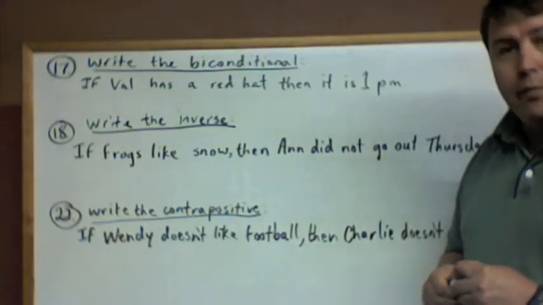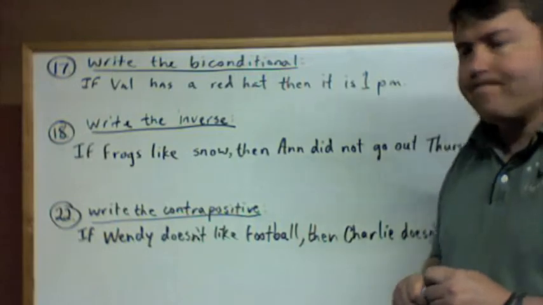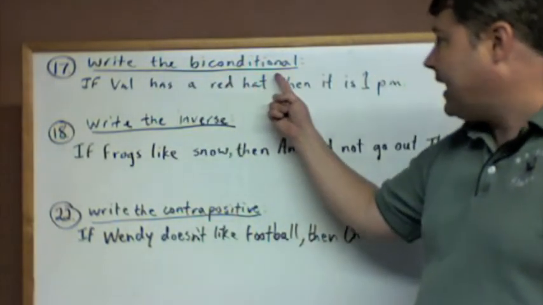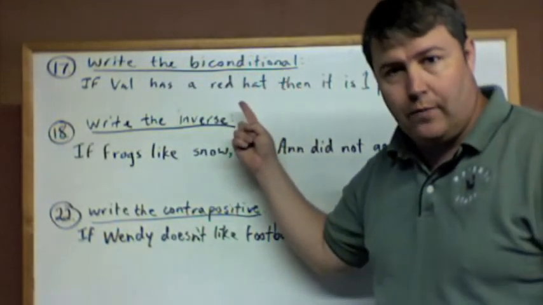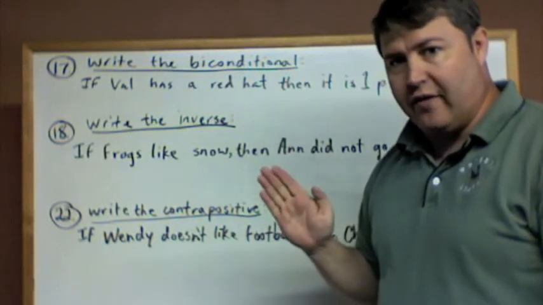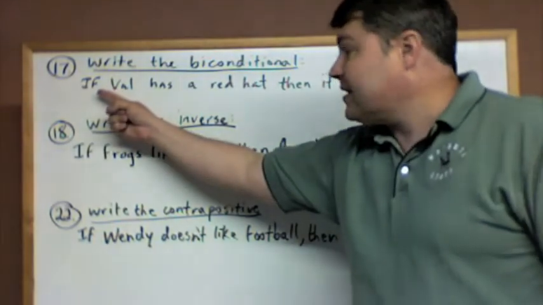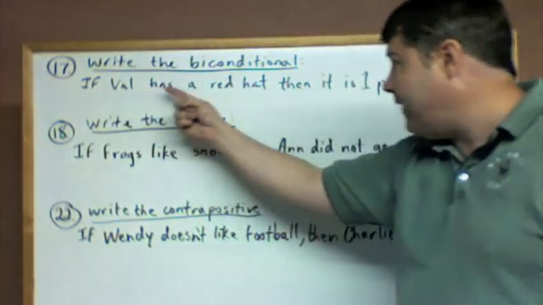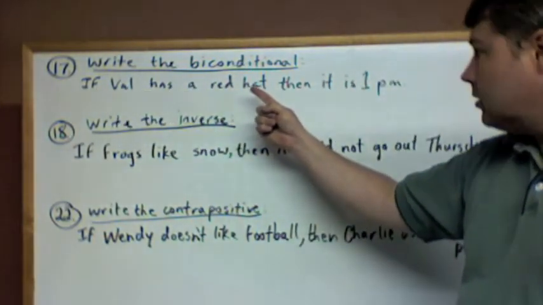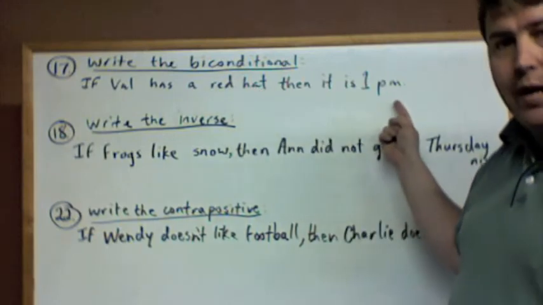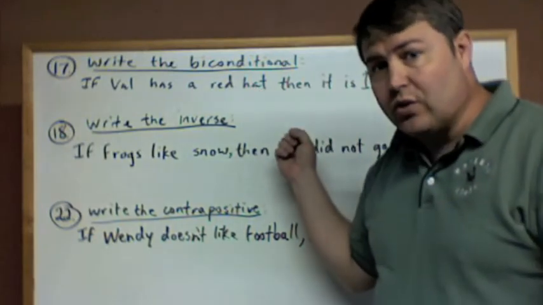All right, the next problem is number 17. It says write the biconditional. Remember, a biconditional is if and only if between the two statements P and Q. This is written in conditional form. If Val has a red hat, that's the first part, then it is 1 p.m. What would the biconditional sound like?